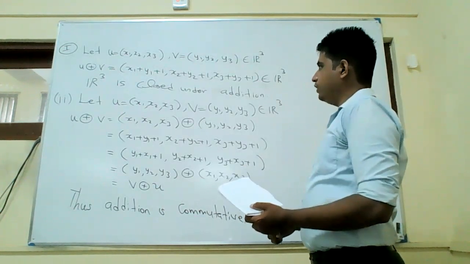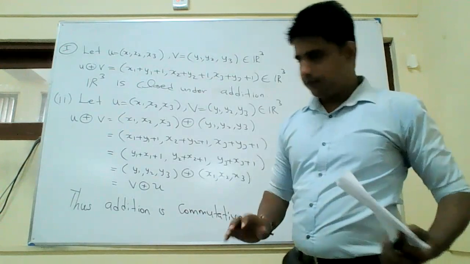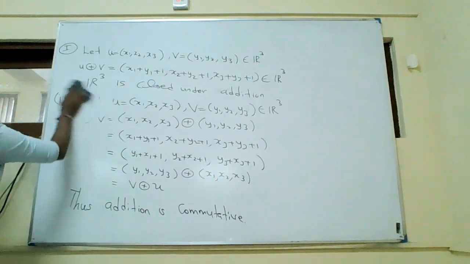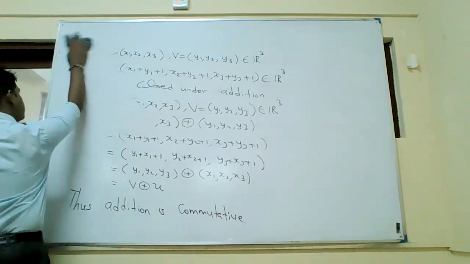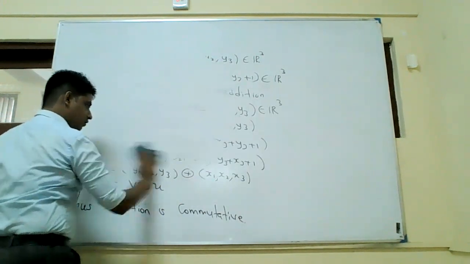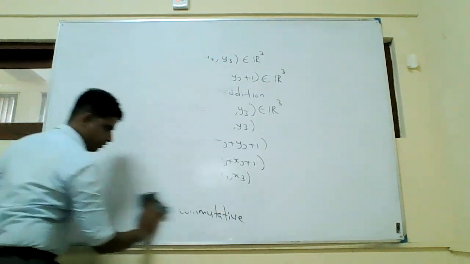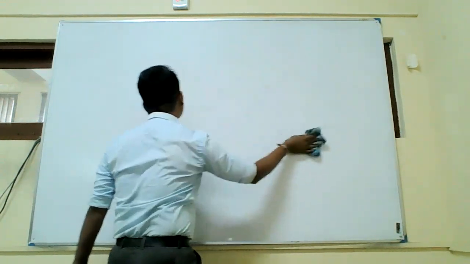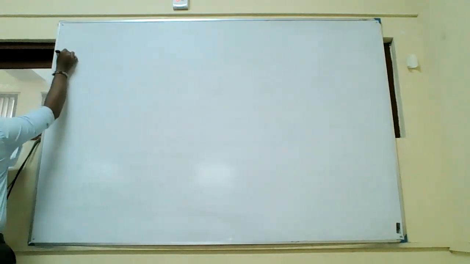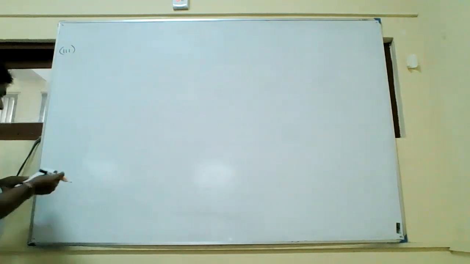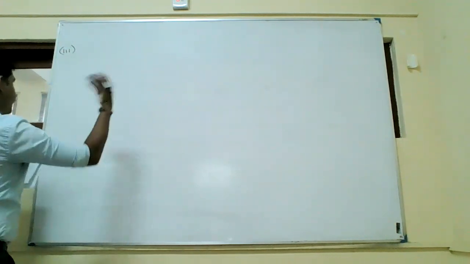For associative, you want to take three vectors. So, this is the third axiom. You want to check axiom number 3. For this one you want to take three vectors.